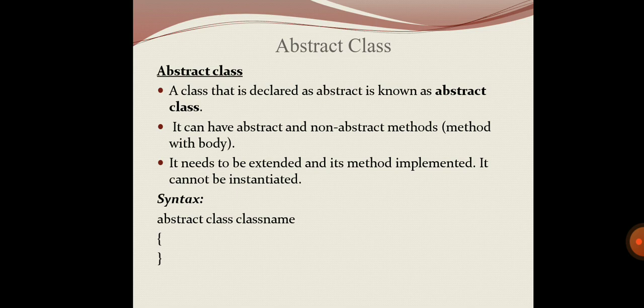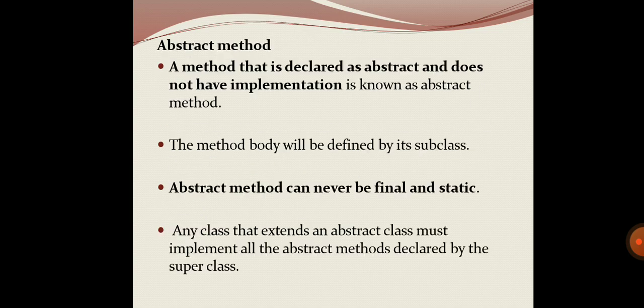The syntax for the abstract class is abstract class name. Then the abstract method: a method that is declared as abstract and does not have an implementation is known as an abstract method.